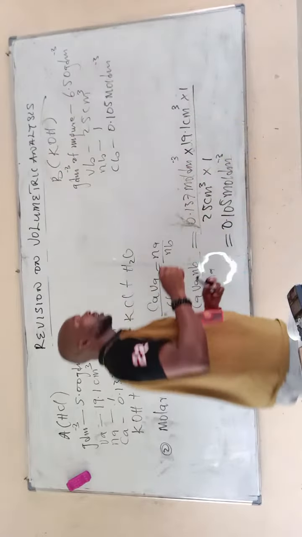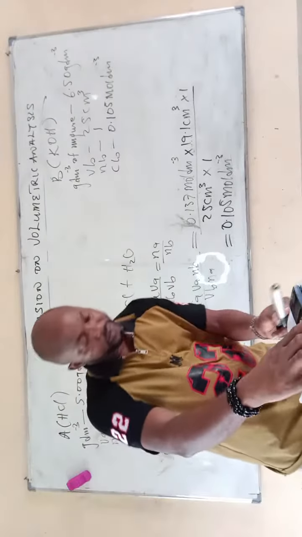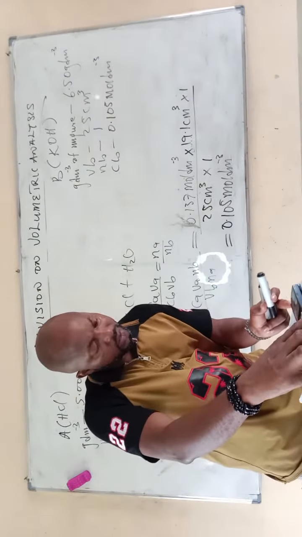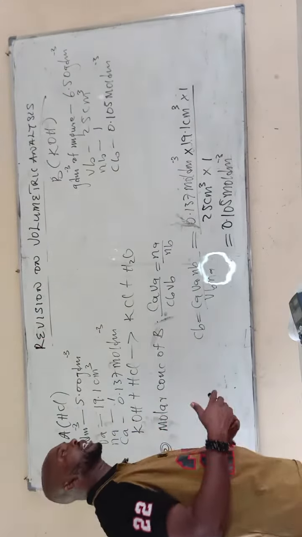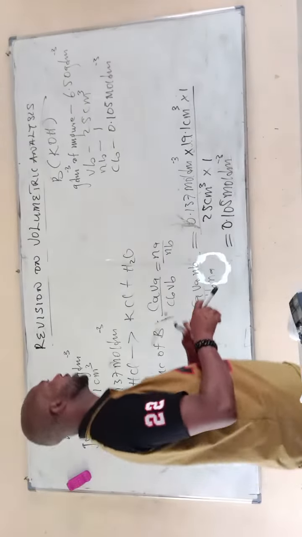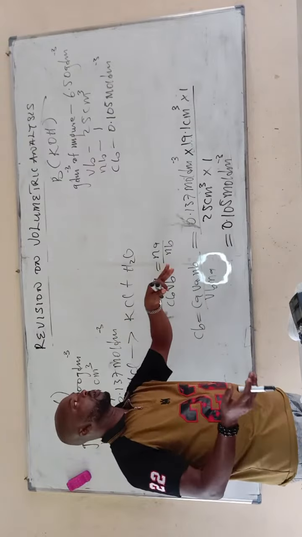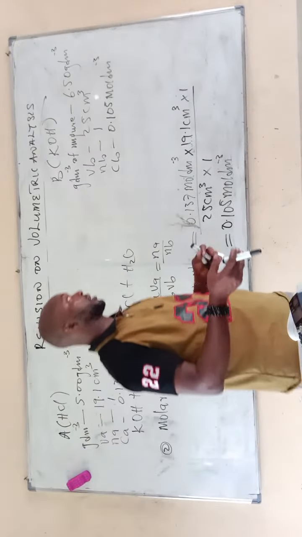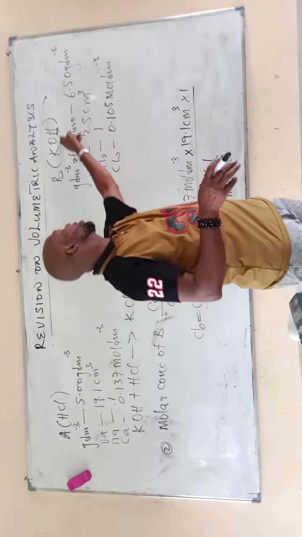So now we've got the molar concentration of the base. Now we're going to proceed to get the percentage purity. How do we get percentage purity? Molar concentration times relative molecular mass can give us the mass concentration. Now we've gotten the molar concentration, and the relative molecular mass can be gotten from here.